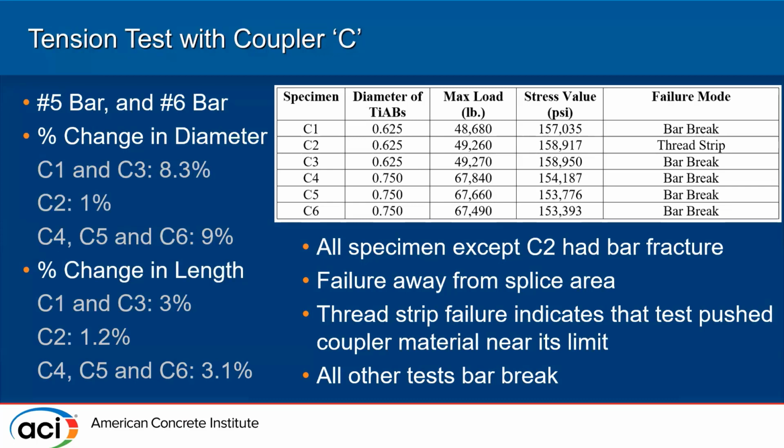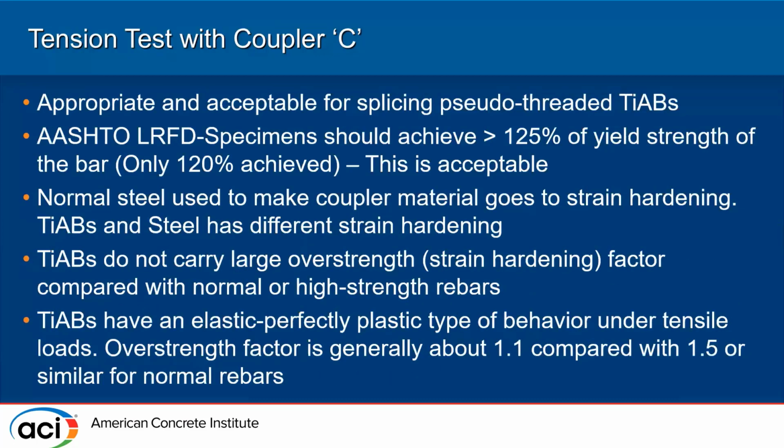So 1 out of 6 had that kind of failure, and we thought that is not a very big issue. Like I mentioned before, failure is away from the splice area. And the thread strip failure also indicates that the test pushed the coupler material near to its limit. All the others had the bar break failure.